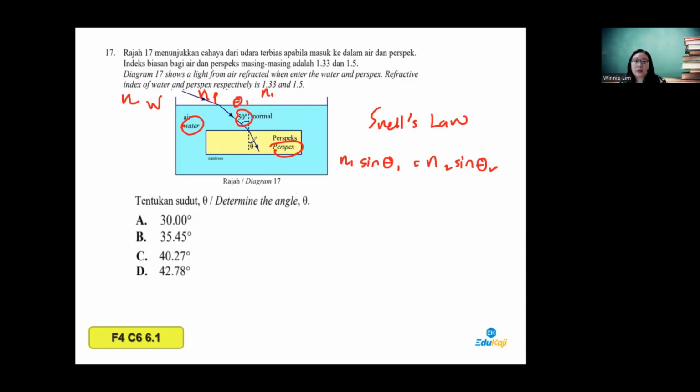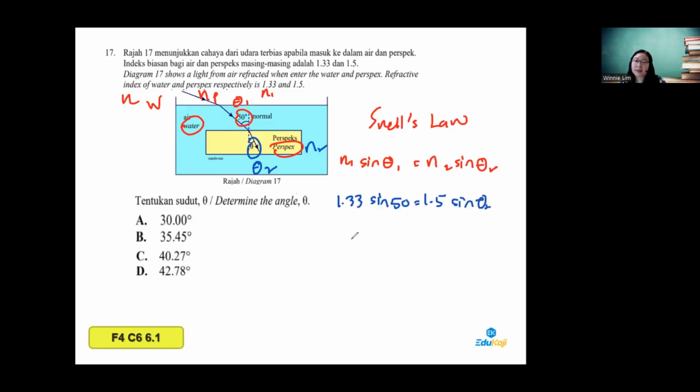The theta here that we want to calculate, I can refer to it as theta 2, or theta itself also doesn't matter, but the refractive index will be n2. Once you know the idea, then you can substitute into the equation. So I will have 1.33 sine 50 equals 1.5 sine theta 2.